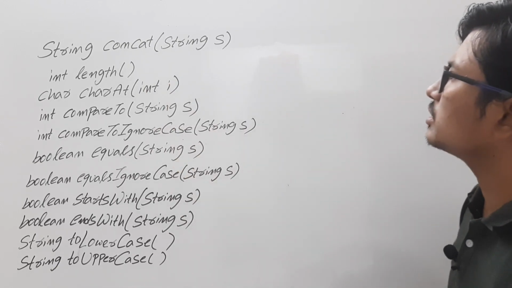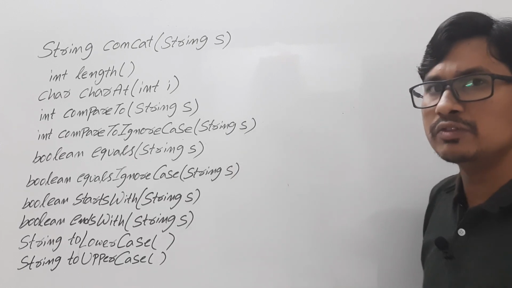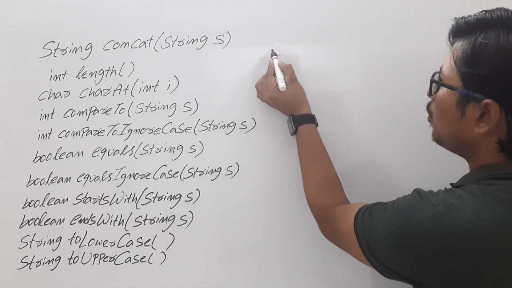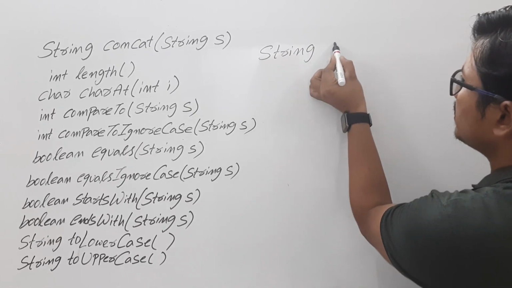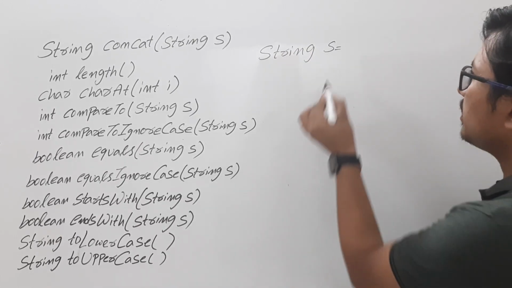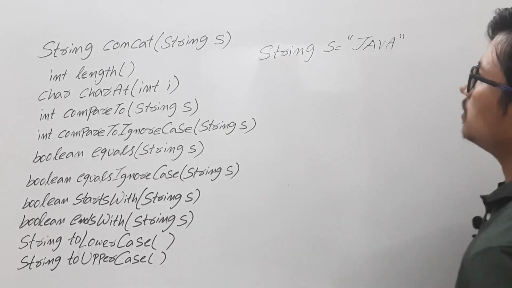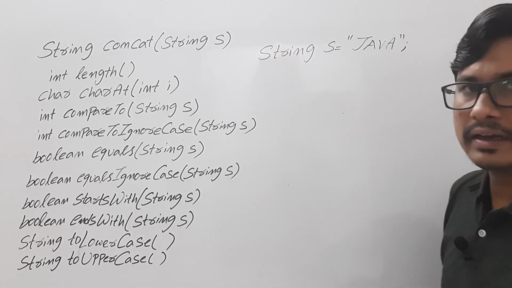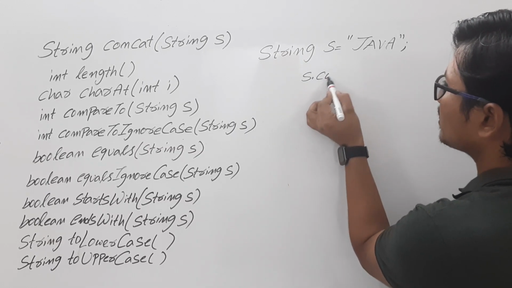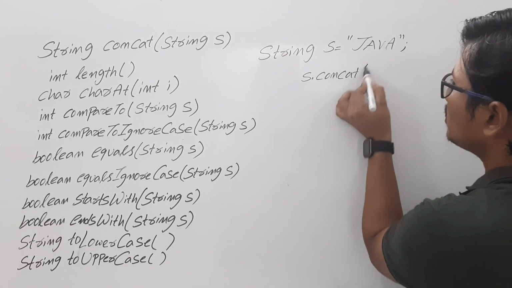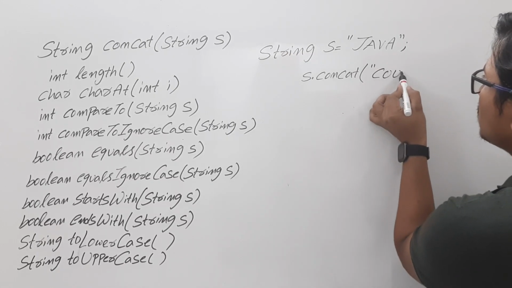So look at the first method called concat. What it will do is that it will concat two strings. So what I will do is that I will declare a string called s having Java. And then I am writing s.concat.